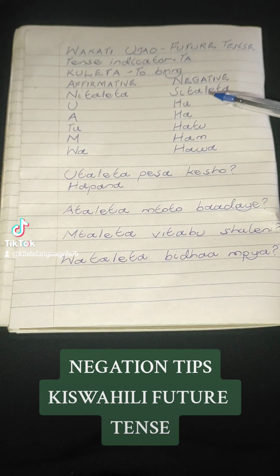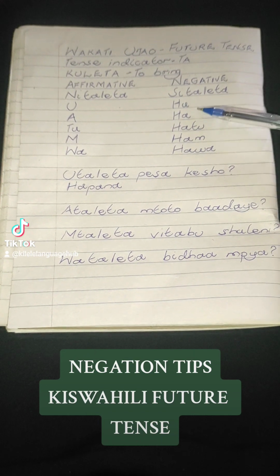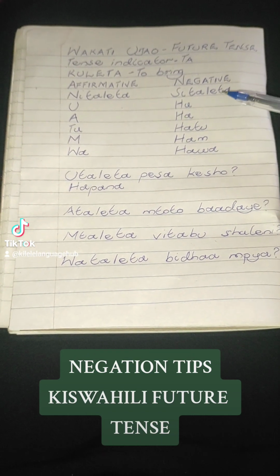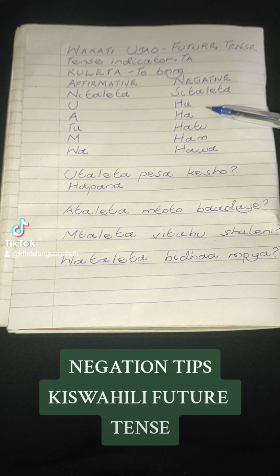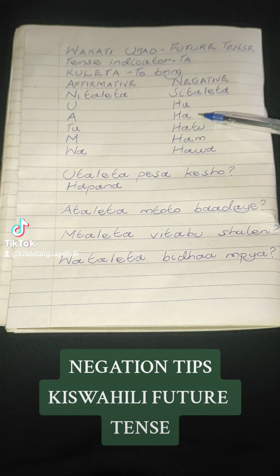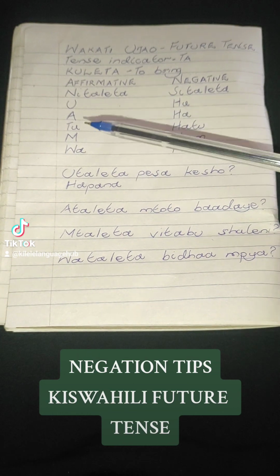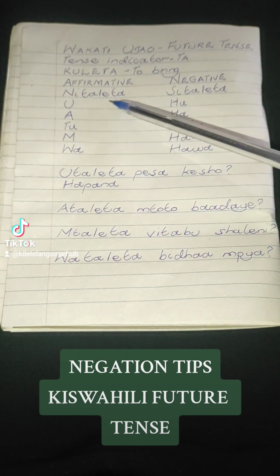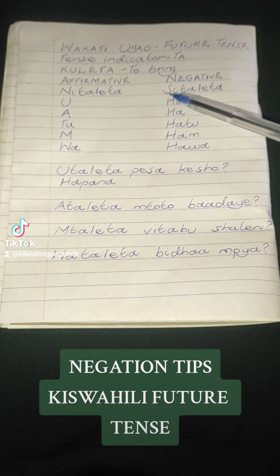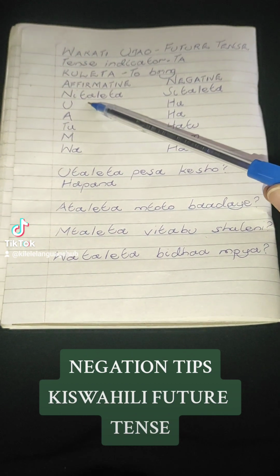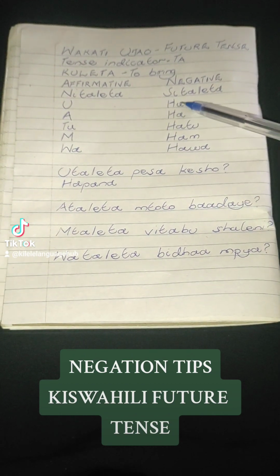Now let's move on to the negative side. If I want to say I will not bring, the first thing I need to identify are the negators. Just to quickly remind us about our negators, the negator for ni, which is I, is si. The negator for u, which is you singular, is hu.